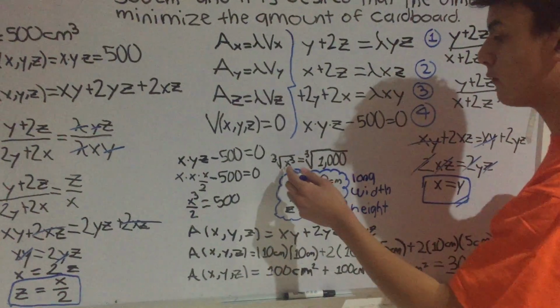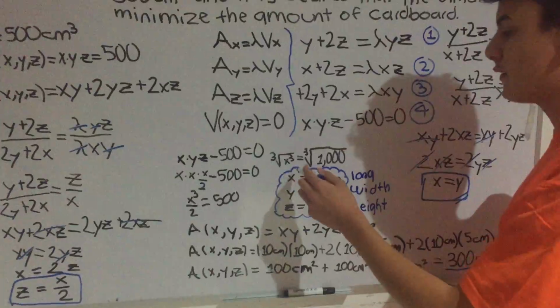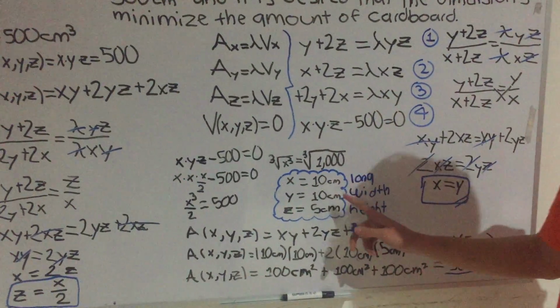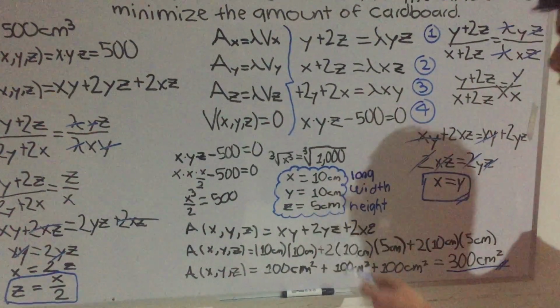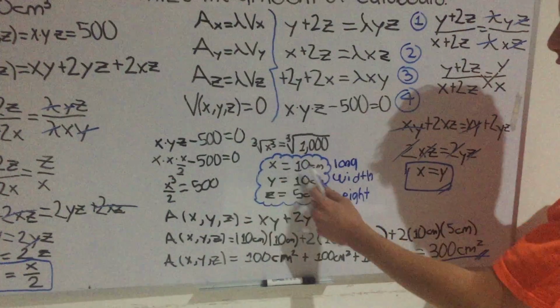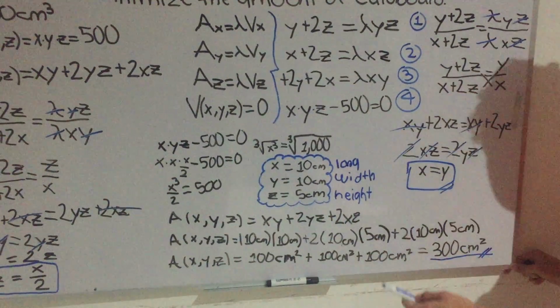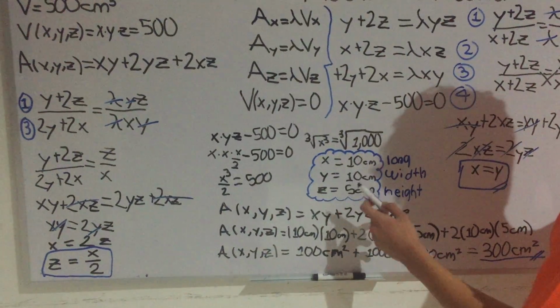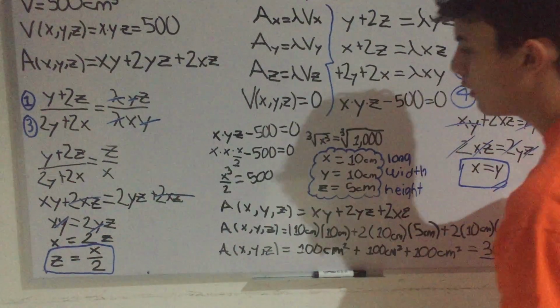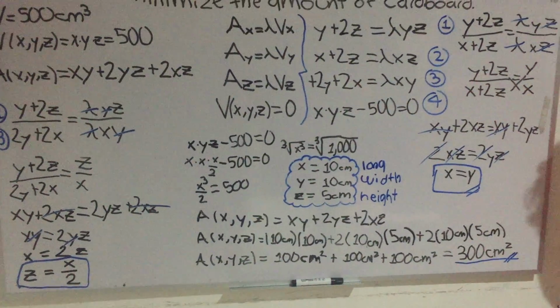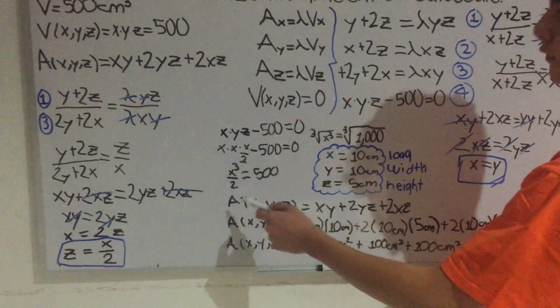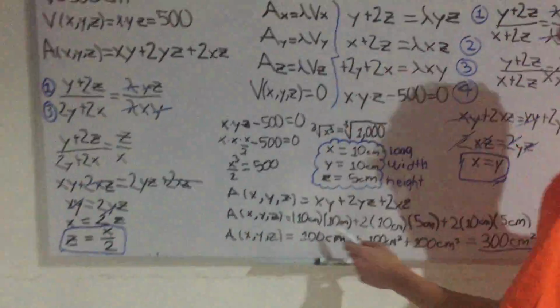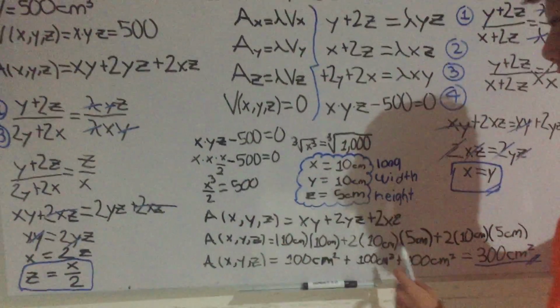So doing this, we have that x is going to be equal to 10 centimeters, y is equal to x, so it's 10 centimeters, and we know that c is equal to x divided by 2. 10 divided by 2 is 5. So now we can obtain the area with our equation, and I have it right here again.